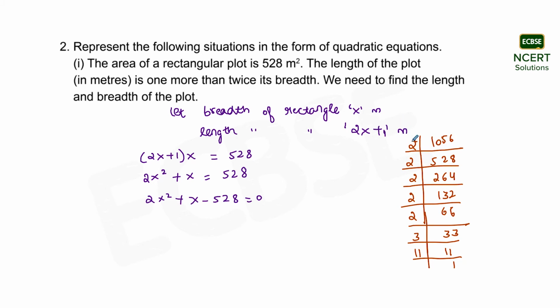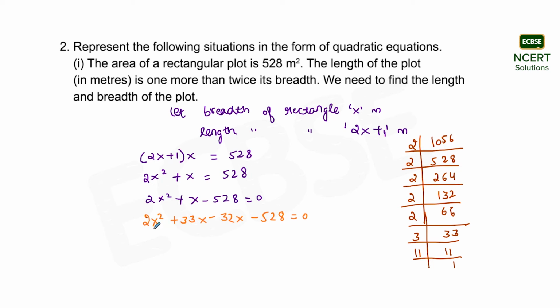From these prime factors of the number 1056, I need to form two terms such that their sum comes out to be equal to plus x, or I can say 1, that is the coefficient of the middle term. So the terms I'll be writing here will be 2x square plus 33x minus 32x minus 528 equals 0.